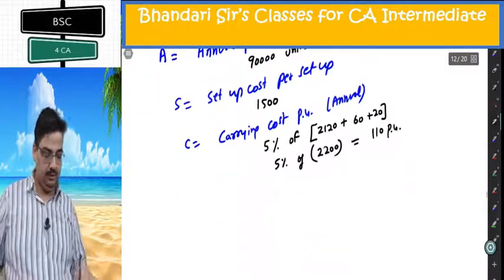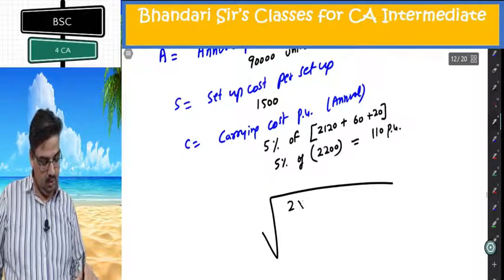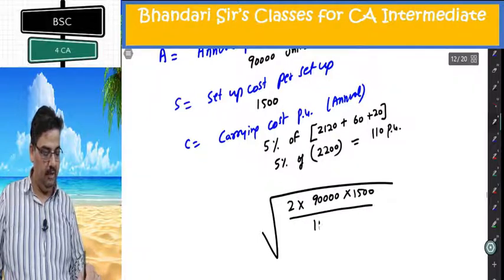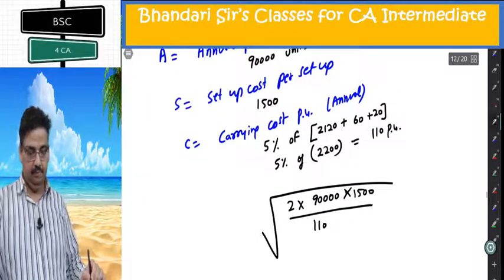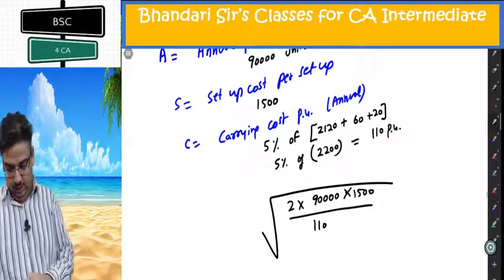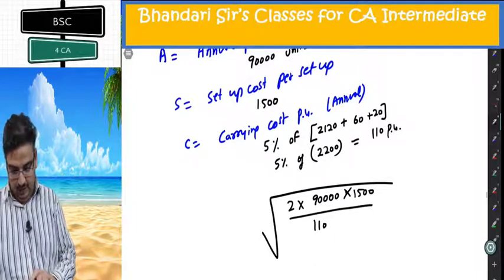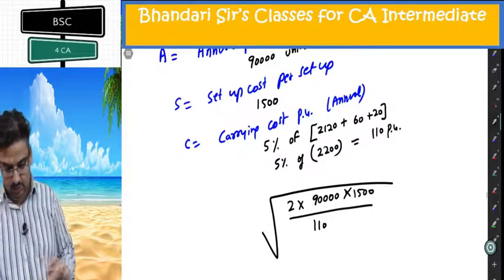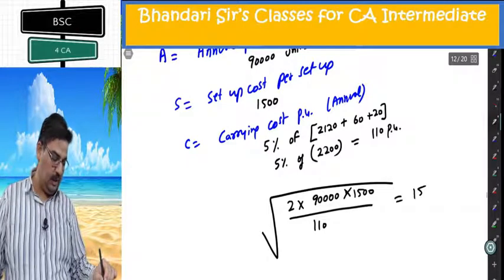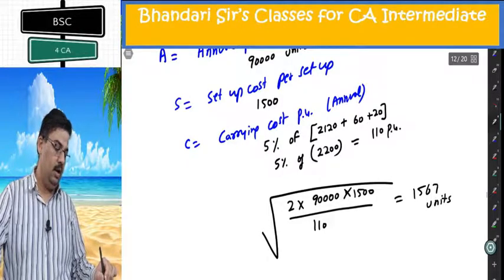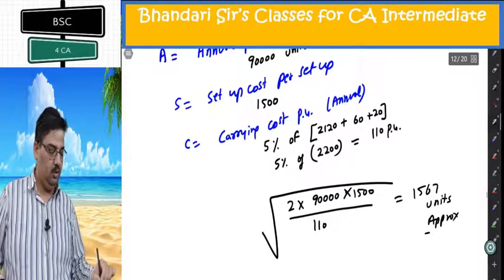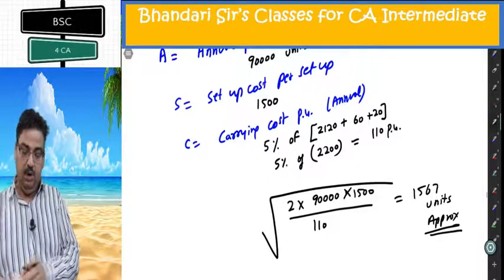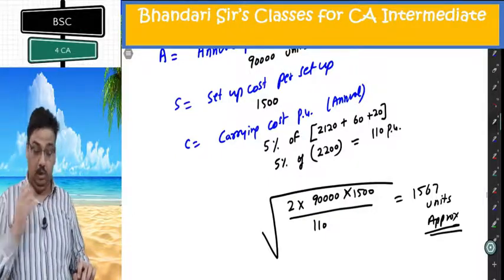You will get the first answer. 2 into 90,000 into 1500 divided by 110, under root. I am getting 1567 units approximately. So if you produce 1567 units every time, you are going to have minimum total cost.